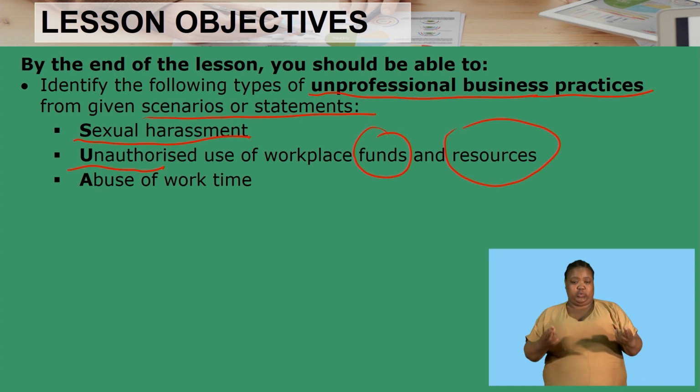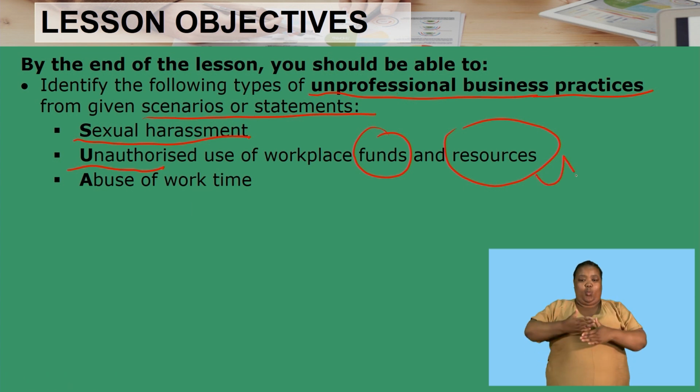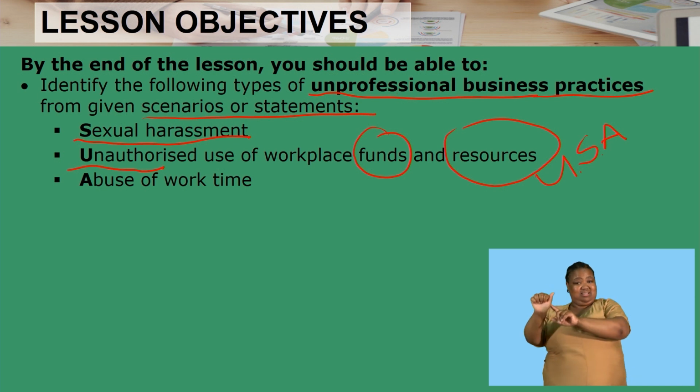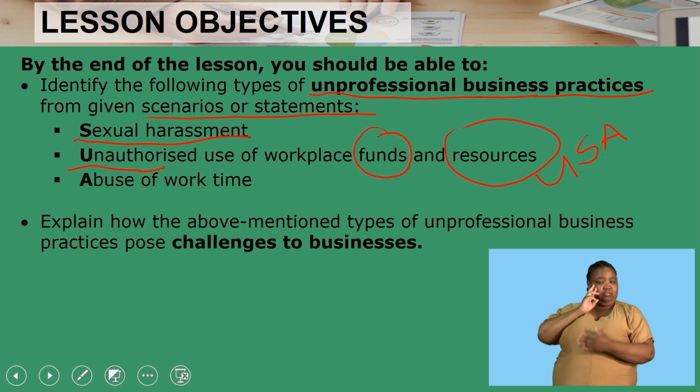My acronym here is USA. But remember, if it works for me, it doesn't mean it'll work for you. I'm just saying this is what I use to remember the unprofessional business practices.